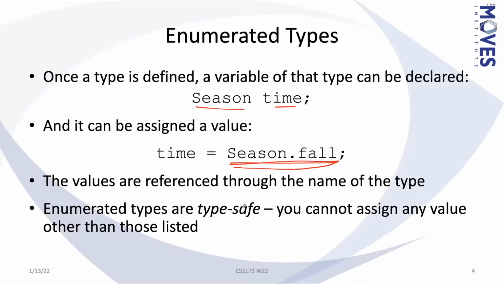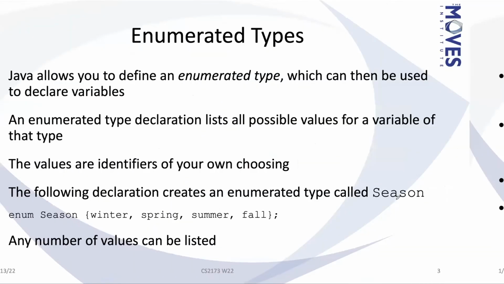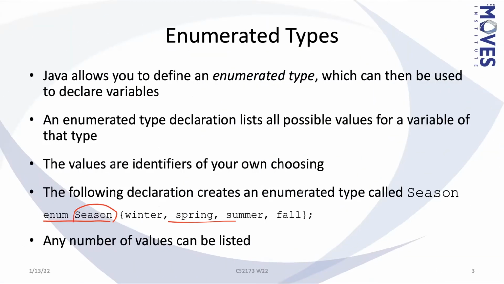You may be wondering, okay, why go through all this? The type safety is the key on this. Before enumerated types, and even if you're using C type enumerated types, which you don't need to worry about, they were not type safe, because what they actually were was just integers. And so the problem with that is, in this case with the magic integer type, let's say we defined winter to be 0, spring to be 1, summer to be 2, fall to be 3.